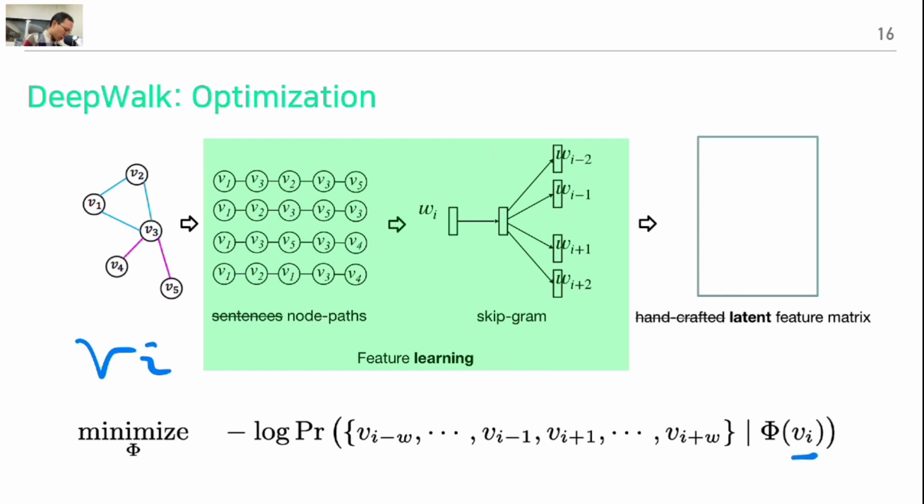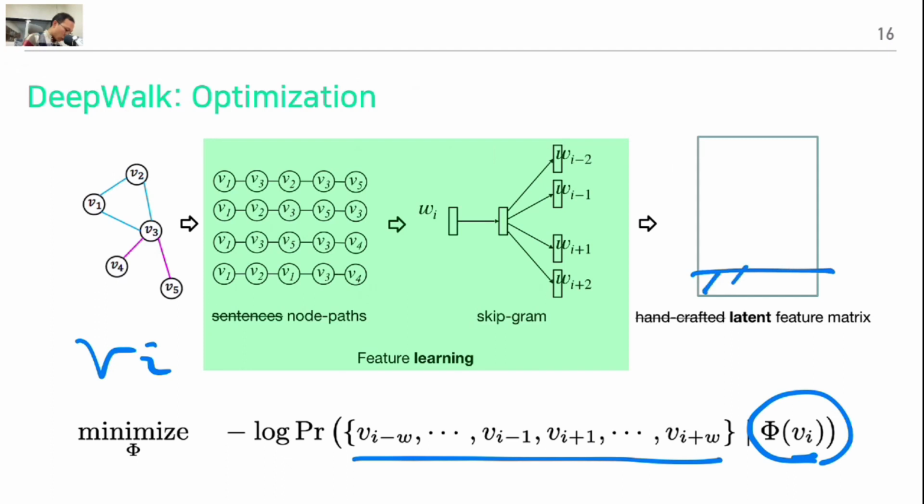So vi is the input, and this is the output as a context, right? So the phi represents our initialized representation matrix. So instead of the ID, this means the k-dimensional feature vector value.